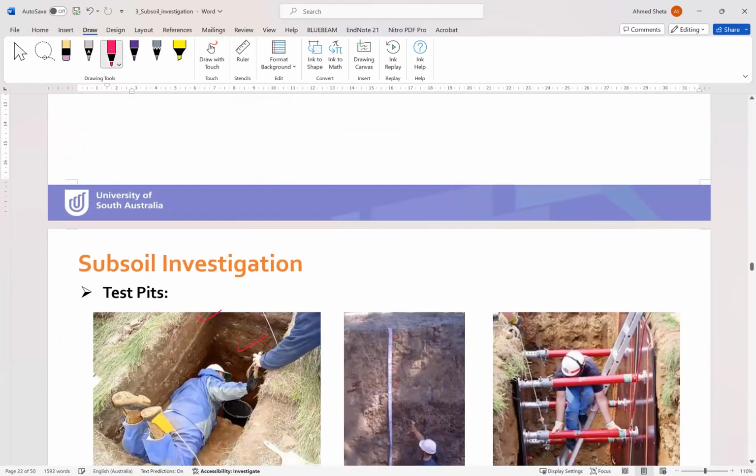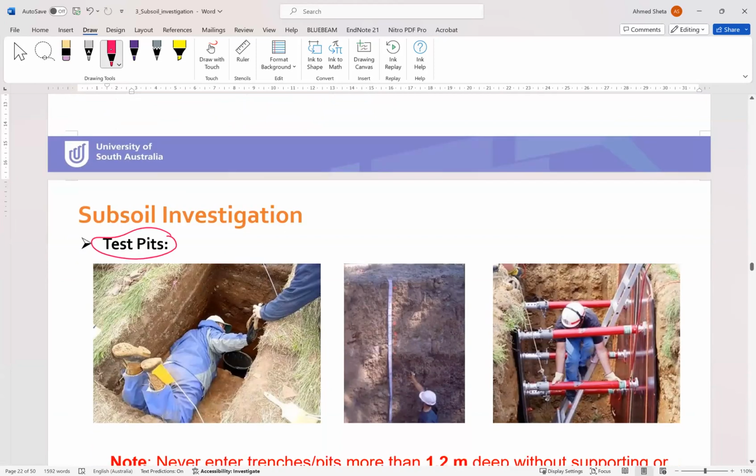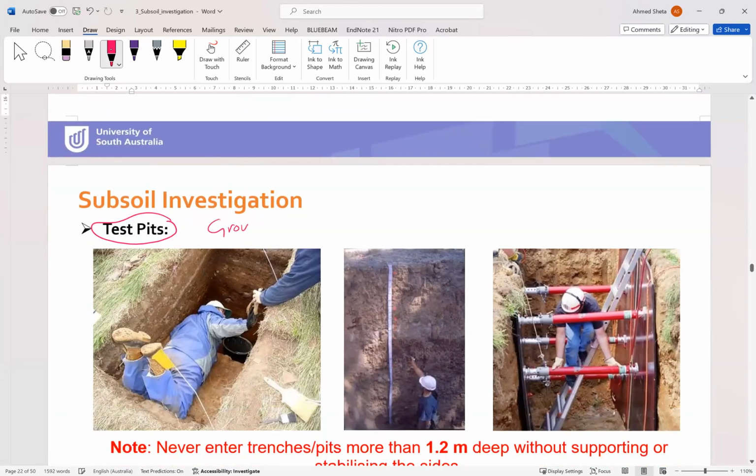Okay, what are test pits? Test pits are one of the ground exploration techniques we are using, which means that we are opening or making a hole in the soil.